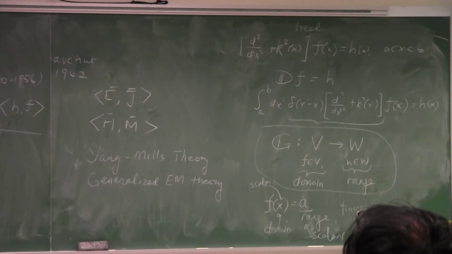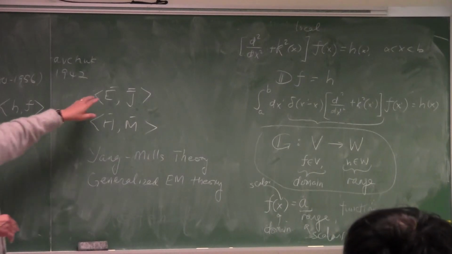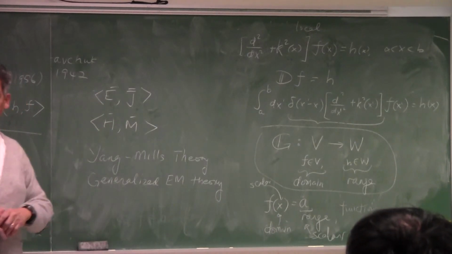Like delta functions are considered very rough, and if the derivative of the delta function is even rougher, okay, then you cannot form an inner product. If you form an inner product with delta functions, you get infinity, and then you cannot compute those quantities. Okay, they become useless. So inner products can only be formed between compatible functions. So you have to make your J's and your E's compatible with each other when you compute them.